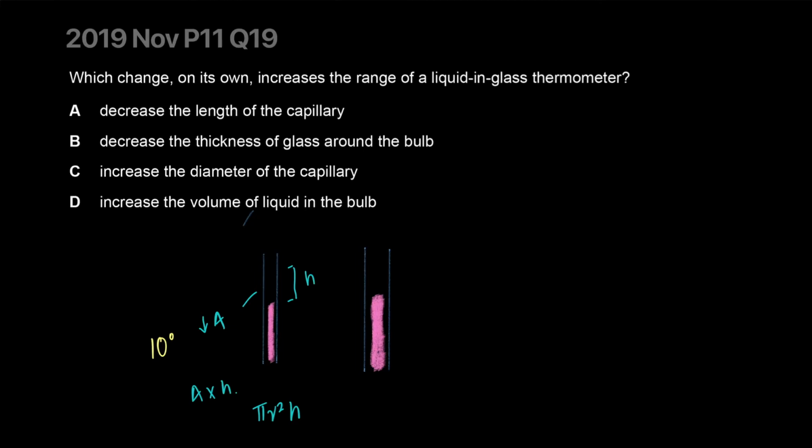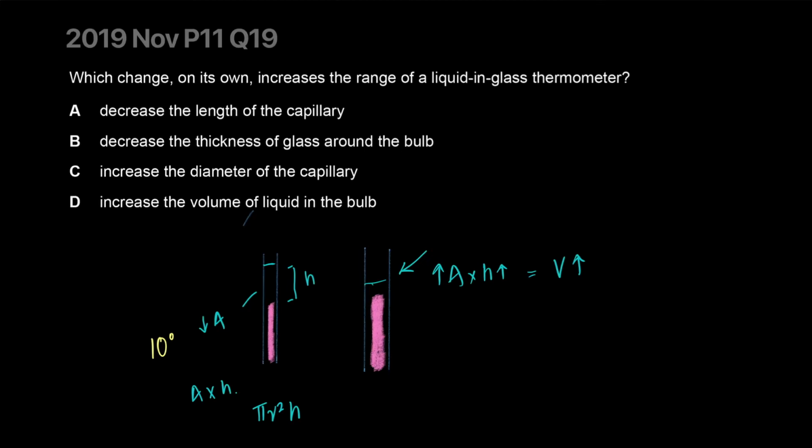And over here, the area is much larger. So even a little increase in height will increase the total volume by a reasonable amount. So that makes sense. So it can come over here, whereas this will have to travel all the way up to here.